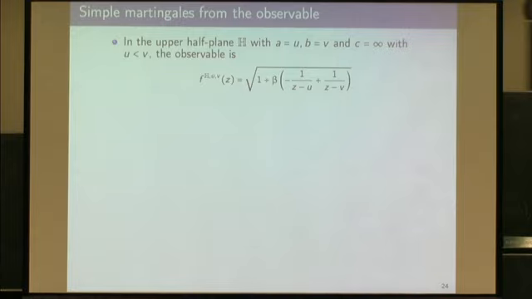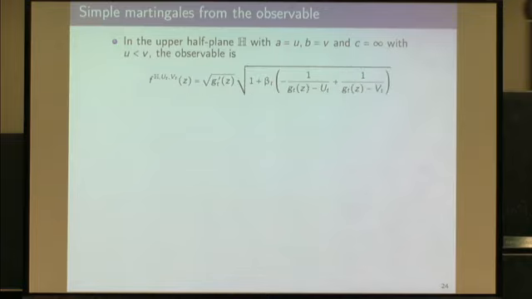So we take the observable. Now I have moved C to infinity, and I'm now growing my branch in this upper half plane.